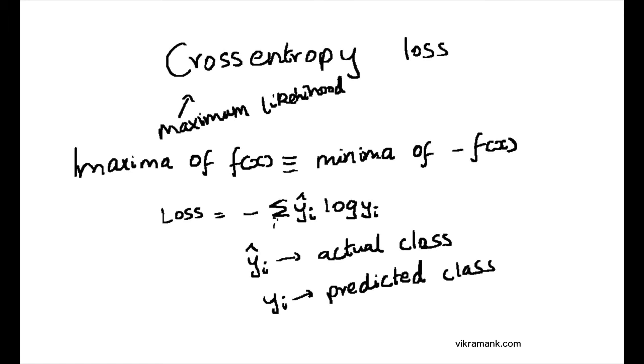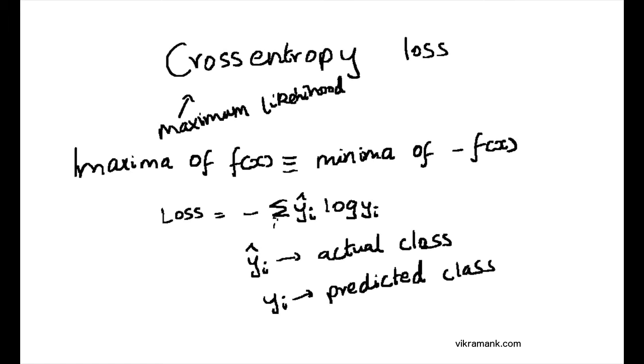In general, in case of optimization, we first calculate the loss and then minimize the loss function. But in cross entropy, we try to increase the maximum likelihood. So the trick here is that the maximum of a function is equivalent to the minimum of the negative of the function.